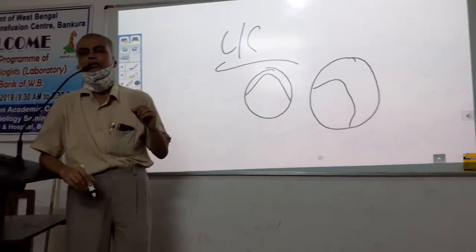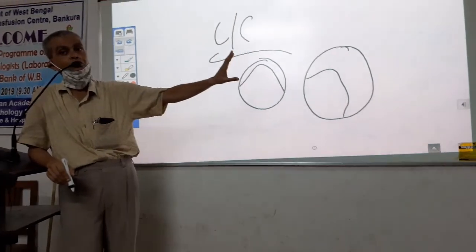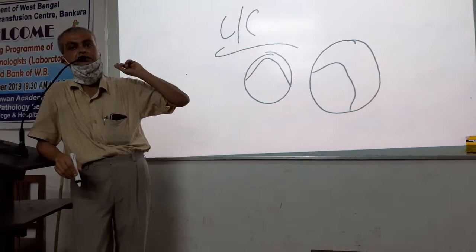So, in one, it is almost occluding, and in the second, it is not occluding. And we are telling that the second one is more dangerous. Why?